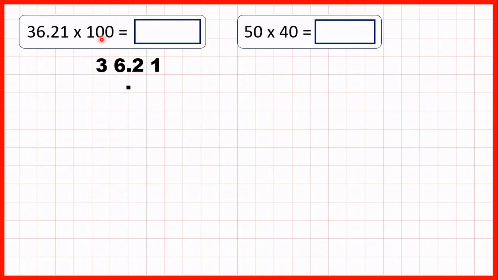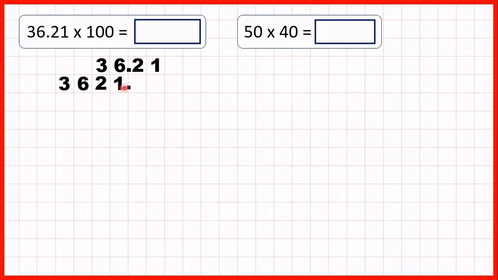And we're multiplying by 100, which has 2 zeros on the end, so the digits are moving 2 squares to the left. So if we copy down this 3, 1, 2 squares to the left, do the same with this 6, this 2, and this 1, we now have the decimal point at the end of our number.